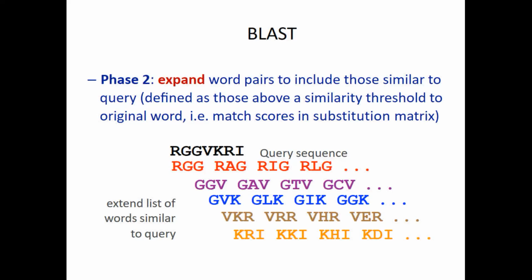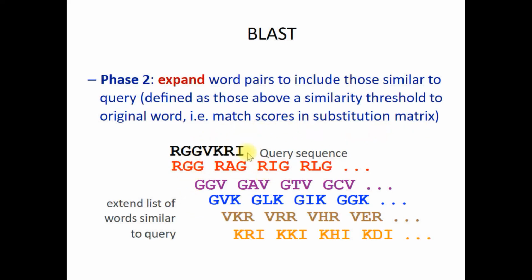Phase 2: expand the word pairs to include those similar to the query. How do we define the similarity? Usually it's defined as above a certain threshold. Usually the threshold is 11, and we use the substitution matrix to calculate the match scores.